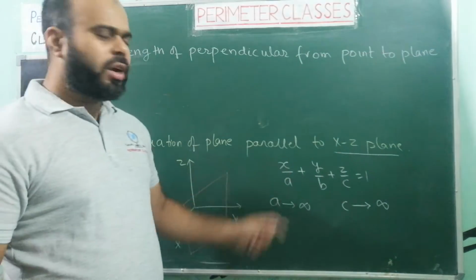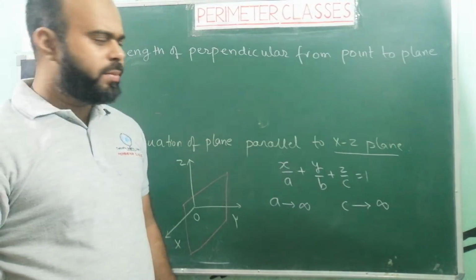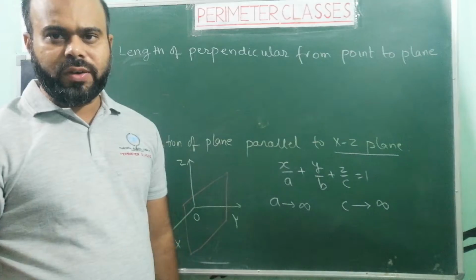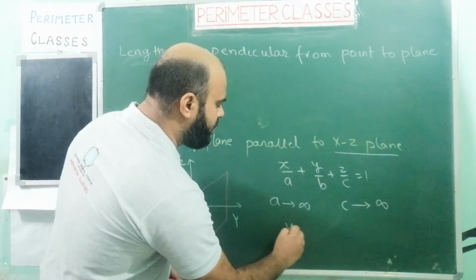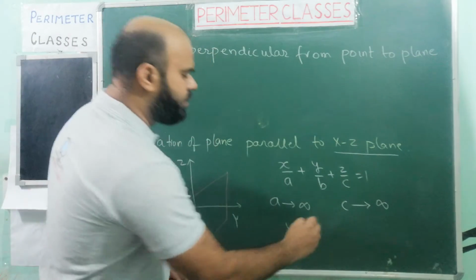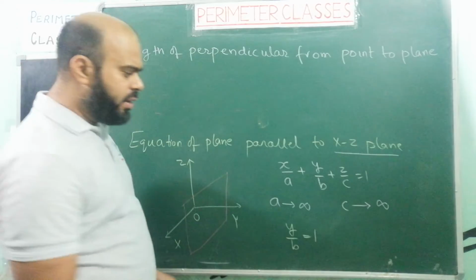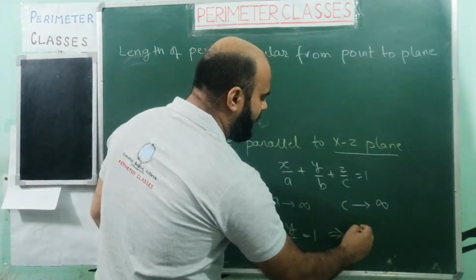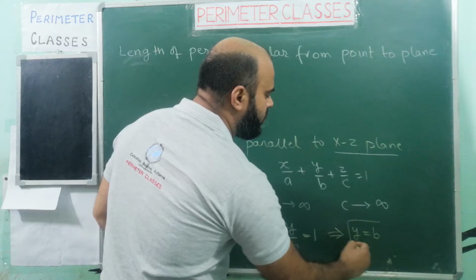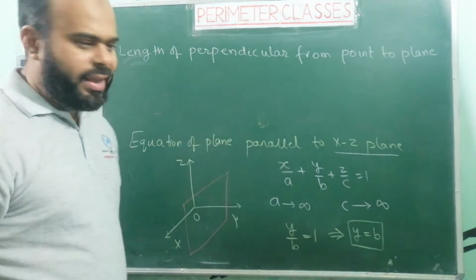So its reciprocal will be 0. x into 0 will be 0 and z into 0 will be 0. So we can say that y by b is equal to 1 should be the equation of the plane, or we can write y is equal to b, which is the intercept on the y-axis.